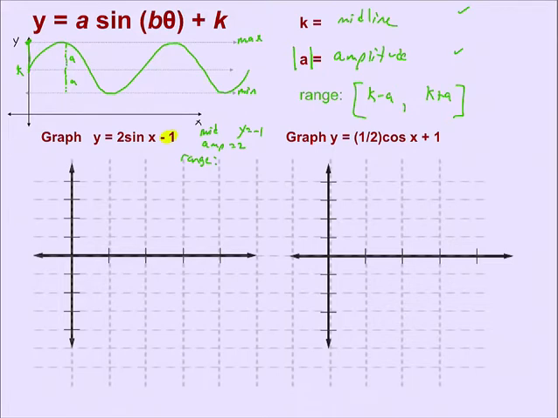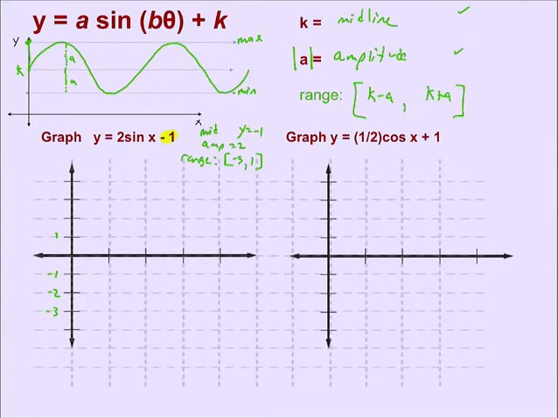So the range is going to go from as low as -1 minus 2, as low as -3, and as high as -1 plus 2, as high as 1. The reason I did that before drawing on the curve is because I wanted to make sure that we make a scale that makes sense. So if I'm going from -3 to 1, it makes sense to say, all right, I can count by ones here, and I'll be able to fit everything nicely.